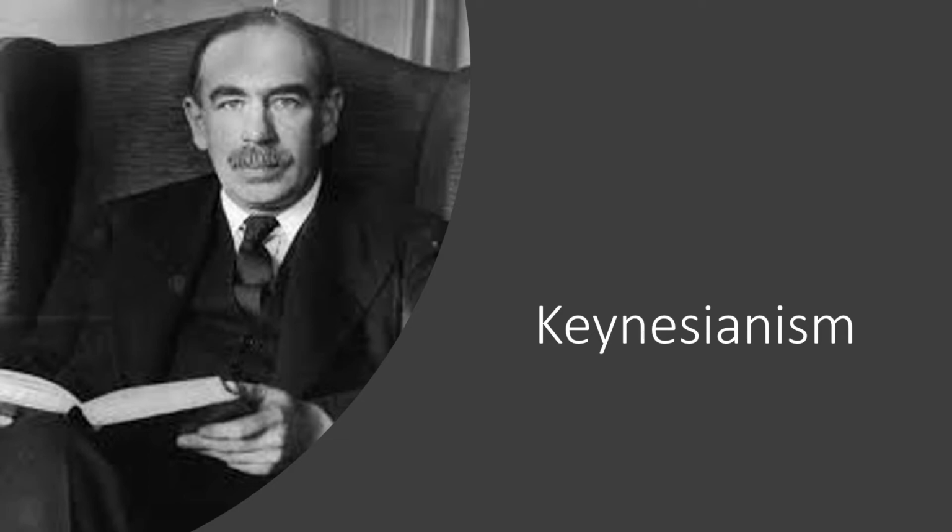Keynesians believe that the level of aggregate demand in the economy, that's the total level of spending, determines the economy's output and employment level. So, unsurprisingly, Keynesians attribute recessions to a lack of aggregate demand in the economy.